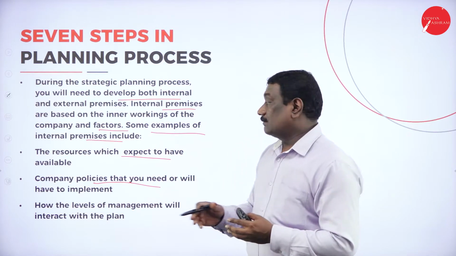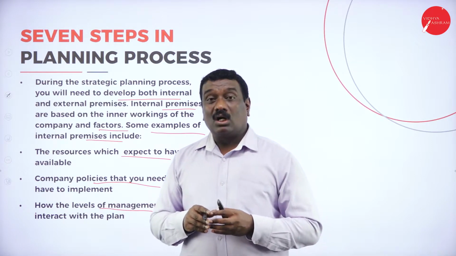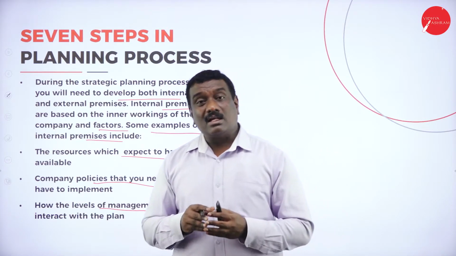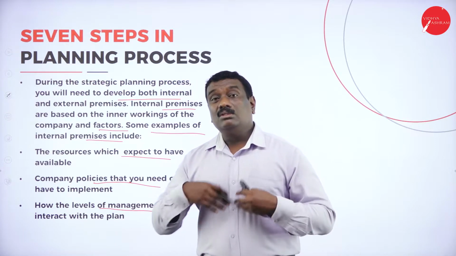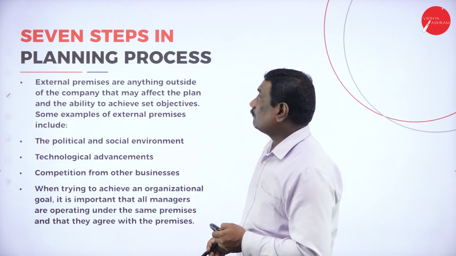If you take up a plan, then how will the levels of management interact with the plan? So how the various levels of the management, that is the top level, middle level and lower level, will interact, and how they are going to give their suggestions or opinions regarding that particular plan.